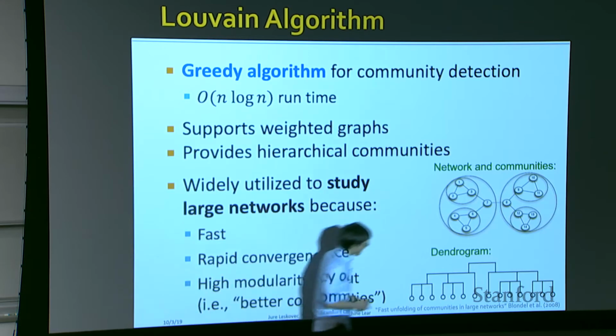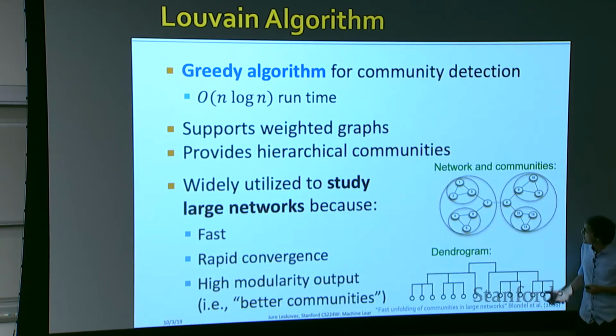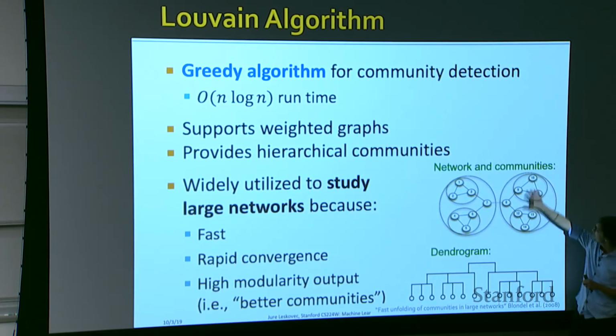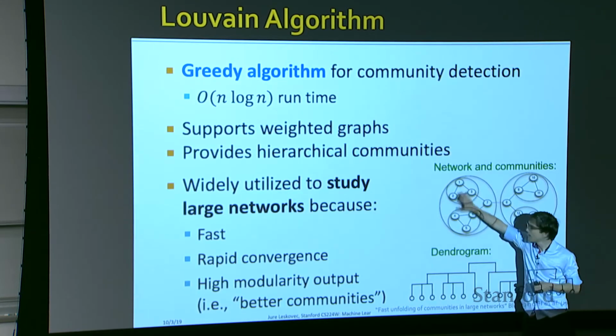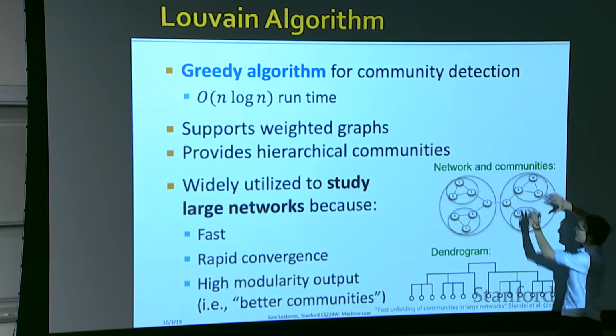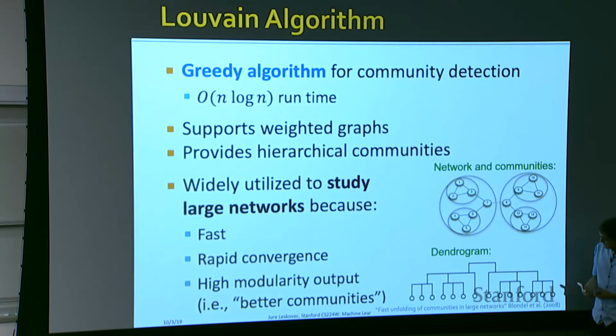So what do I mean by hierarchical? Here is what I mean. If you think of this network that I show you here and you want to identify communities, you could say there are these 4, but then one level up there are these 2, and then there is the entire network. And the way you represent hierarchy is using a dendrogram.